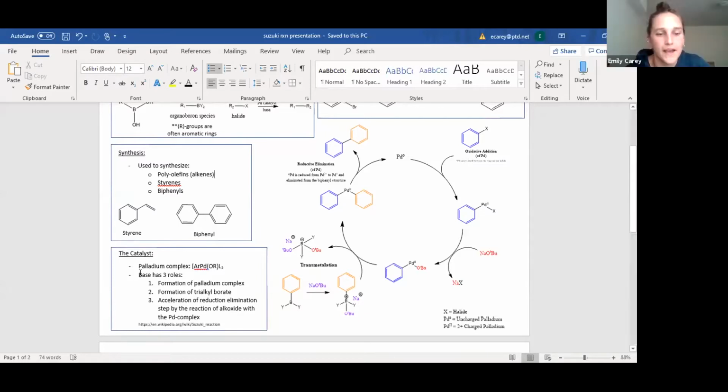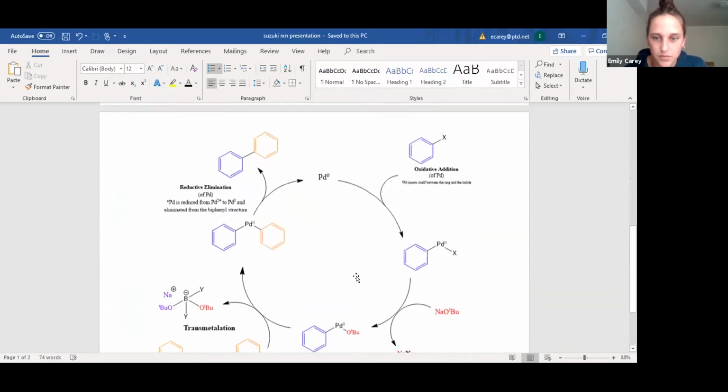So the base here has three roles. It forms the palladium complex, forms the trialkyl borate, which is in this step, which we'll talk about later, and it helps the reductive elimination step go by faster, like through the reaction that's a byproduct of it.